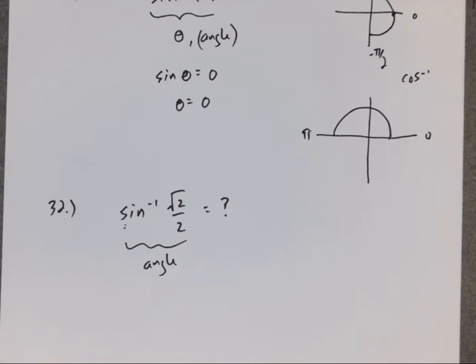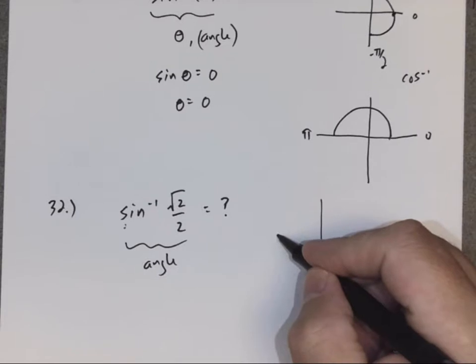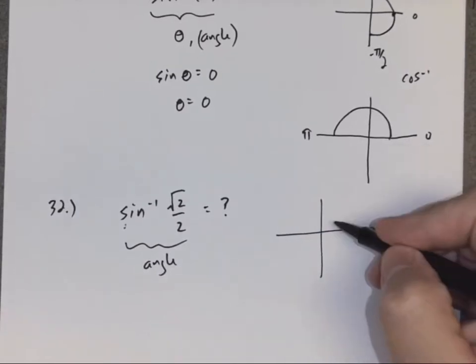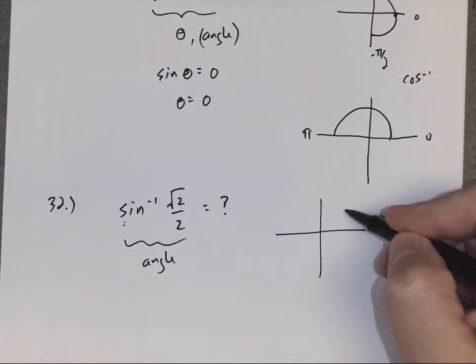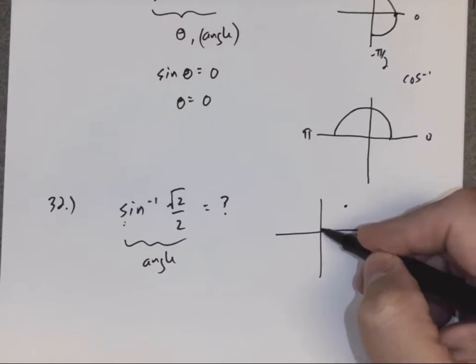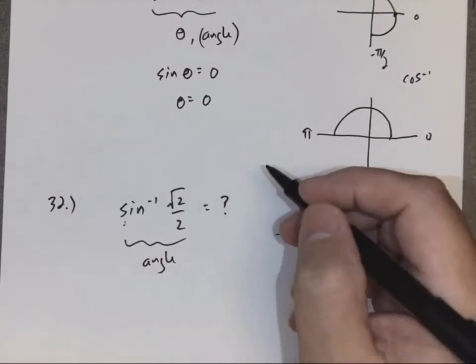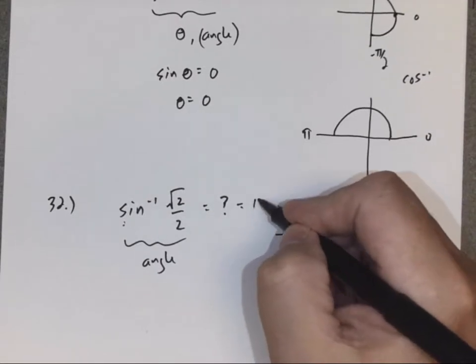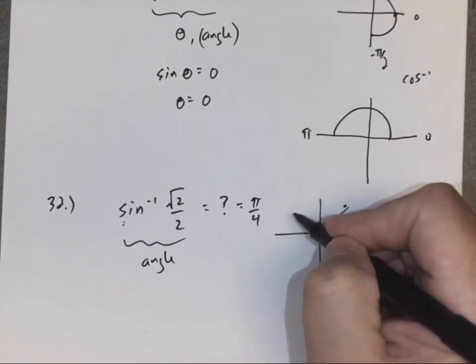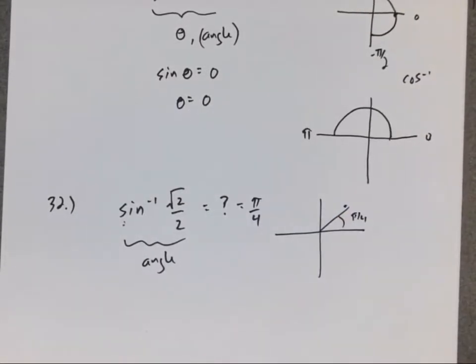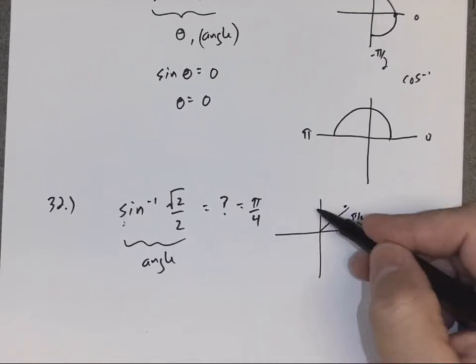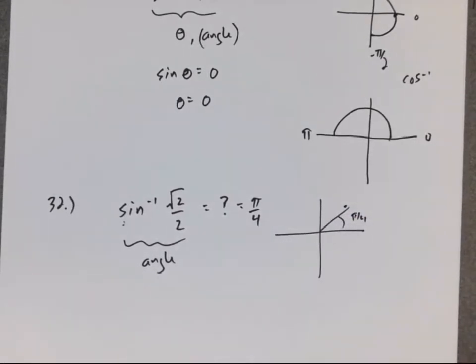So this is where you go back once again to your unit circle, and you recall that the sine is square root of 2 over 2 right here at pi over 4. So that's your answer. And since pi over 4 is in the right half of the circle, that's perfectly fine.